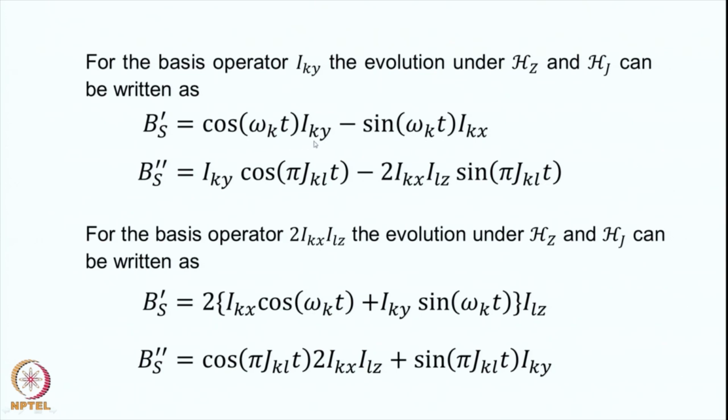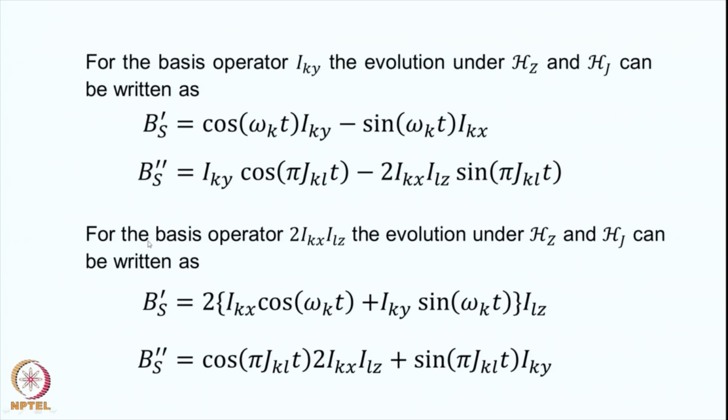If you are considering Iky, then it is Iky cosine omega kt minus sin omega kt Ikx. Therefore, this indicates in some way a kind of a rotation in the transverse plane, and we can pictorially represent them very soon. I already indicated this to you in the chemical shift evolutions earlier, that such kind of a representation can be used for calculating the evolutions of any of these operators, whether it is Iky or Ikx or minus Iky, minus Ikx and things like that.